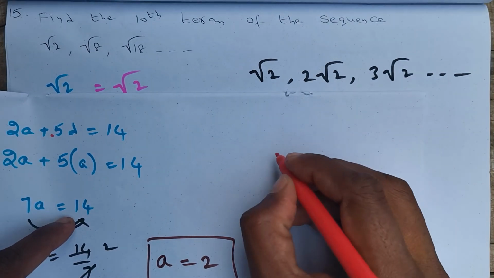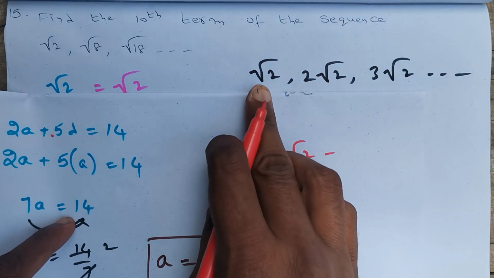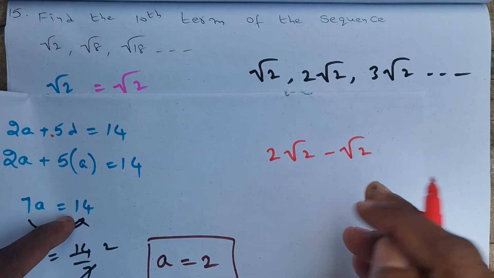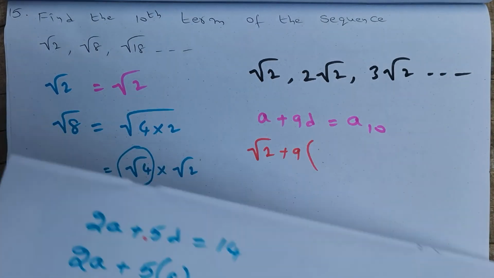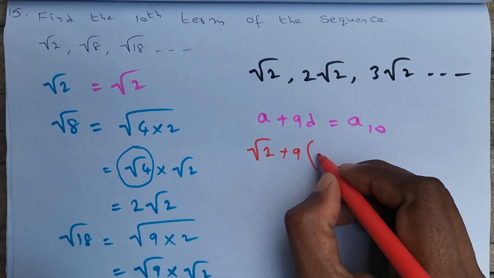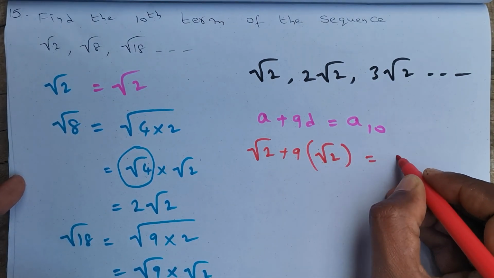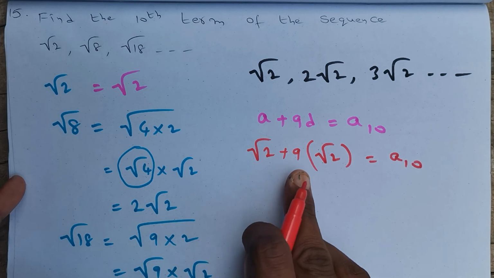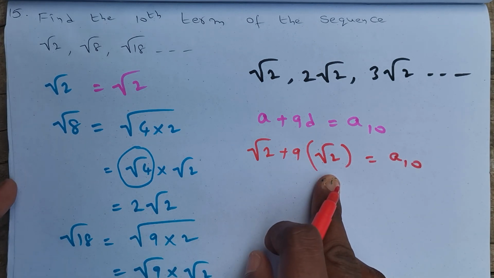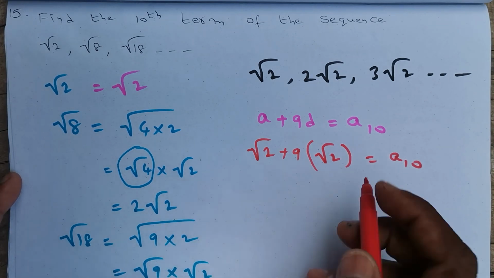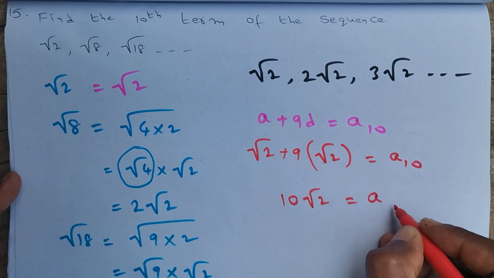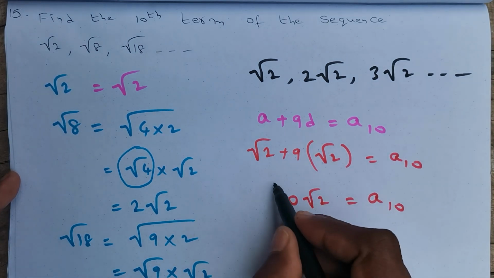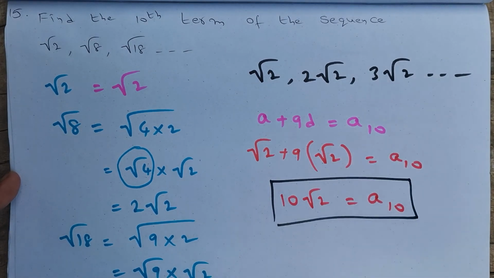Second term 2 root 2 minus first term root 2. 2 root 2 minus root 2 is root 2. So the common difference is root 2, which is equal to a10. 9 into root 2, 9 root 2, 9 root 2 plus root 2, 10 root 2, which is equal to a10. So the 10th term of the given sequence is 10 root 2.